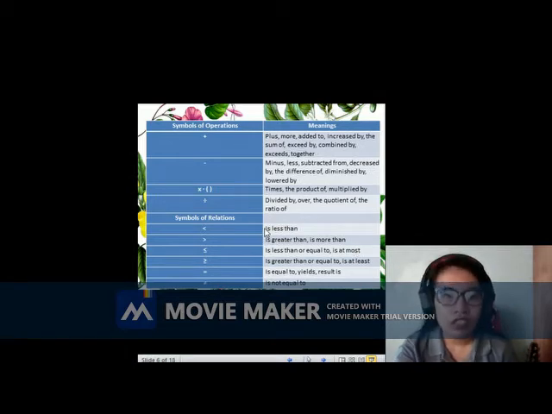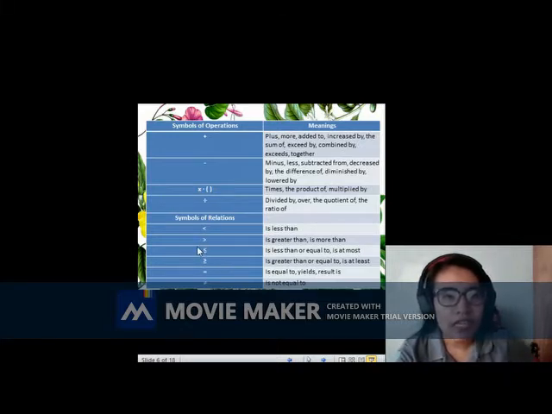So, as you can see, all of the meanings of these symbols of relation start with "is". Kapag walang "is", that means it is for our symbols of operation. But sometimes we use it for the equal, "is equal to". You will see that later.